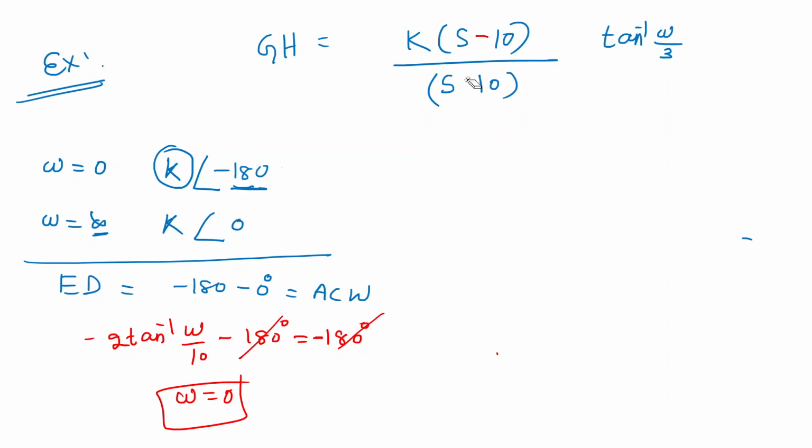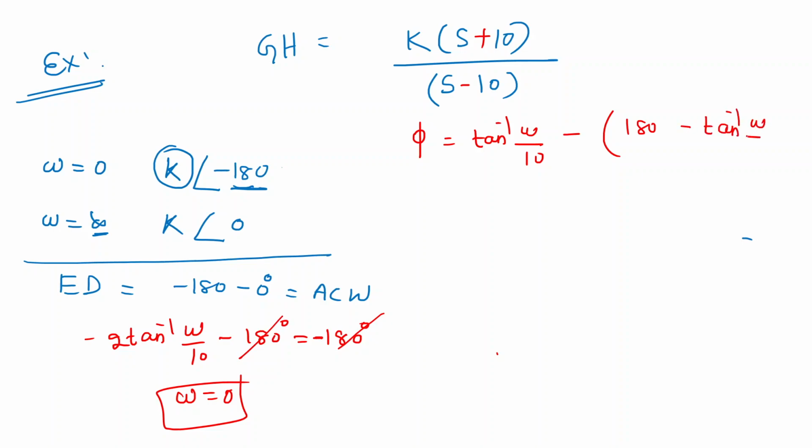Okay, let's go back to the previous question. S plus 10 divided by s minus 10. So this will be tan inverse omega by 10. Sir, I'm writing this just to cross verify. Tan inverse omega by 10 minus of, this will be 180 minus tan inverse omega by 10.